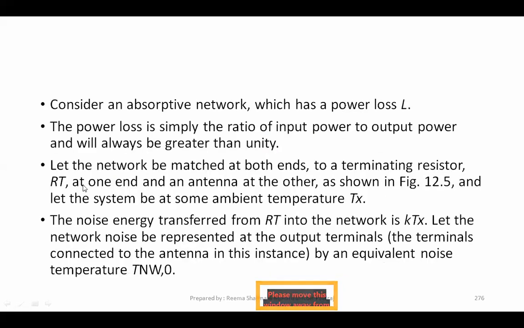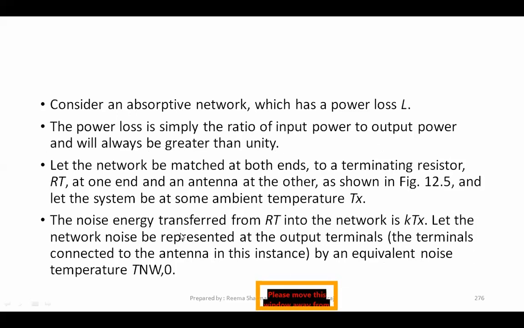So the terminating resistor RT at one end, and let the system be at some ambient temperature, which means because of the environment. We can take it as Tx.